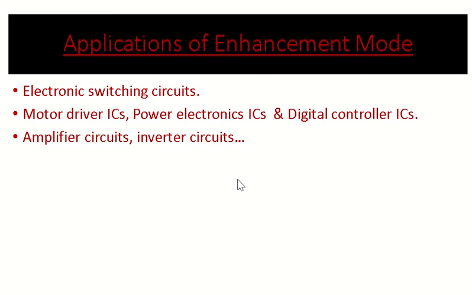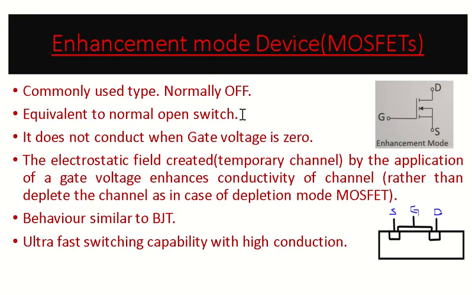Now we will quickly revise once. In the case of FET, I said that there are two types, MOSFET and JFET. In the case of MOSFET, we have two modes of operation, enhancement mode device and depletion mode device.